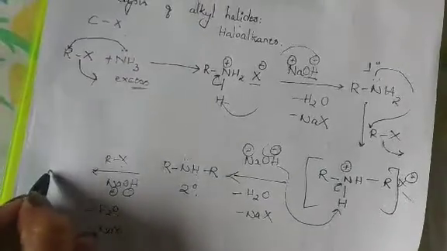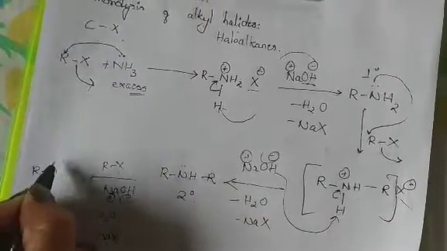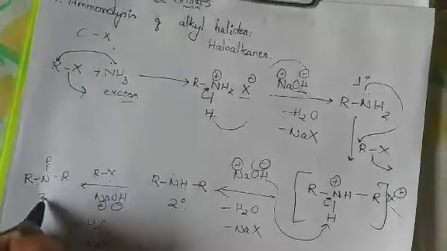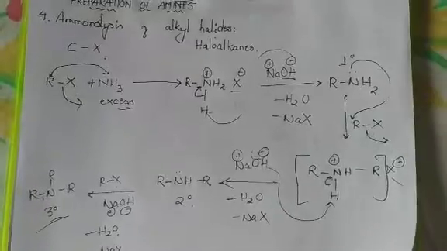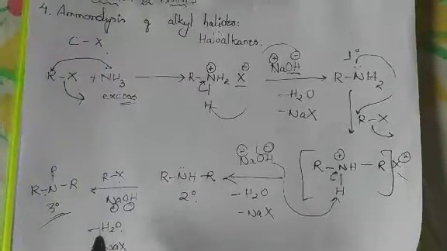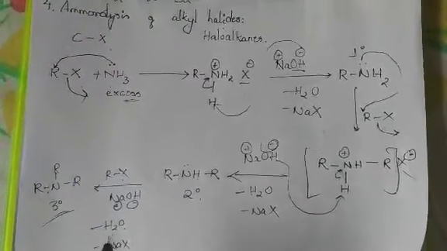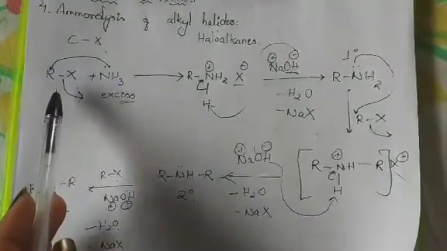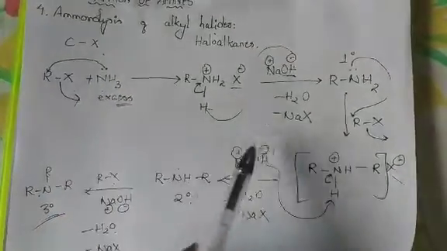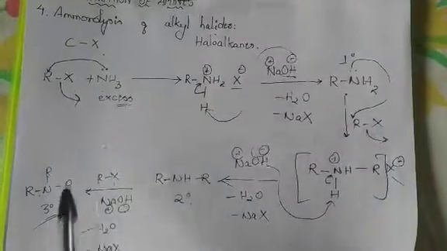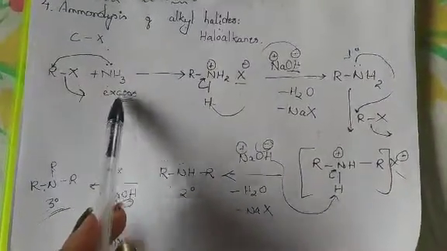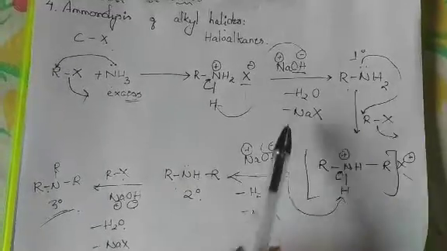Therefore, we would get R3N, our tertiary amine. We should remember that when a large excess of both the alkyl halide and ammonia is used, we get a mixture of primary, secondary, and tertiary amines. But only when excess ammonia is used, the primary amine is obtained as the major product.